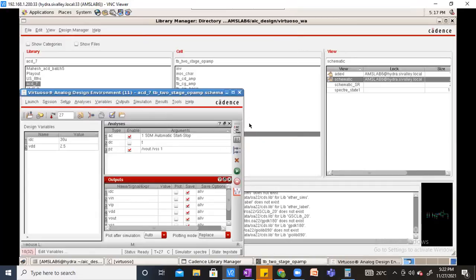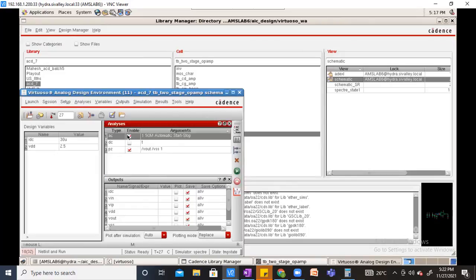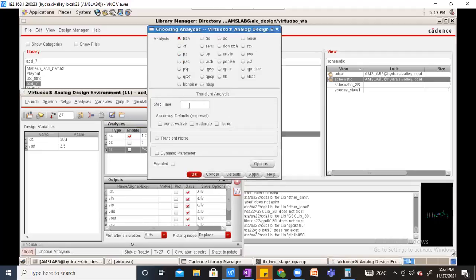Okay, now we will calculate the slew rate of it. For the slew rate, I have to have transient analysis done on this Opamp. What I will do is simulate for 10 microseconds.